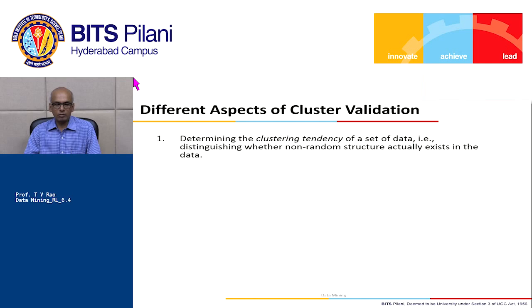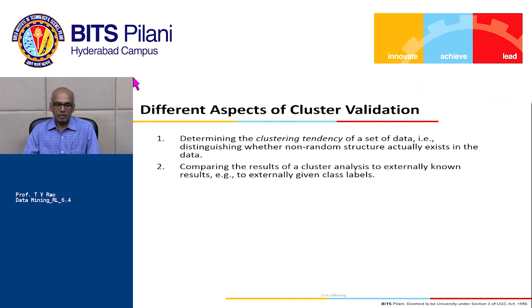Some of the aspects we consider when we validate the cluster analysis: the first thing we look at is the ability to form non-random structures that exist within the data. Then, if we have externally known results, like in classification, we may be able to use those known results to see whether the cluster analysis is done well.